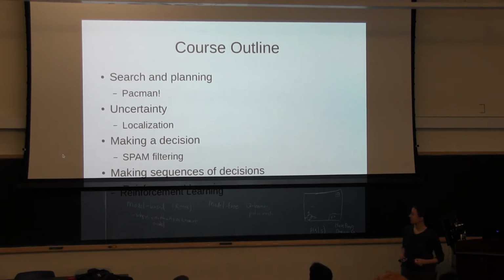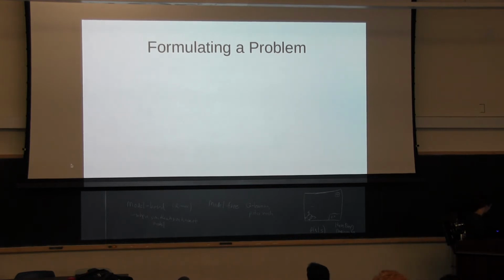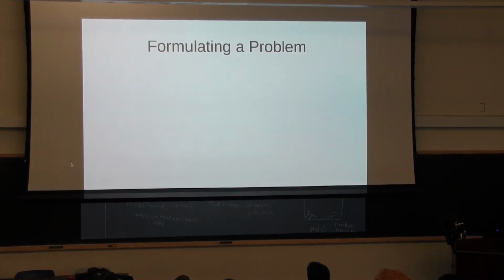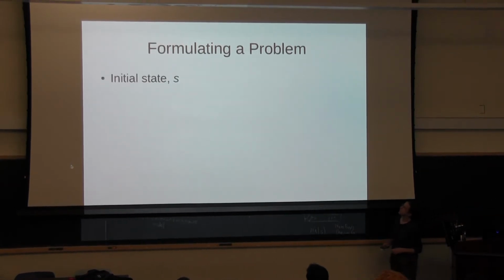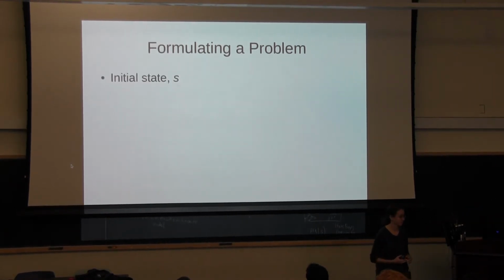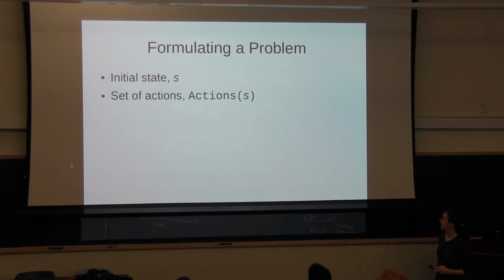All right, so maybe what I'll do is start flipping through slides. I'll leave the board up. We talked about formulating a problem, state, the actions. What else? What's going to be next? Transition, yeah.